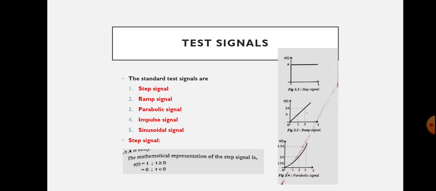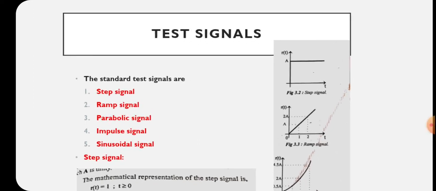So the basic standard test signals used in the case of analyzing the system are step signal, ramp signal, parabolic signal, impulse signal, sinusoidal signal. These are the 5 basic standard signals, and in the case of step signals, the mathematical expression for the step signal is R of t equal to 1 for t greater than or equal to 0, and it will be equal to 0 for t less than 0, and its diagram is shown like this.